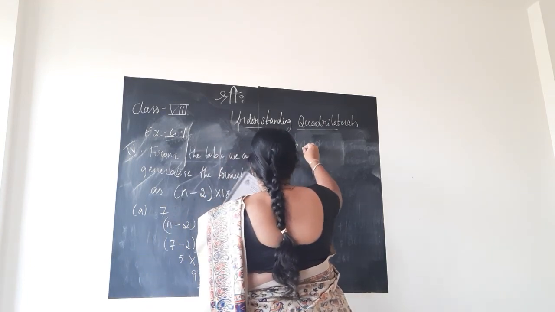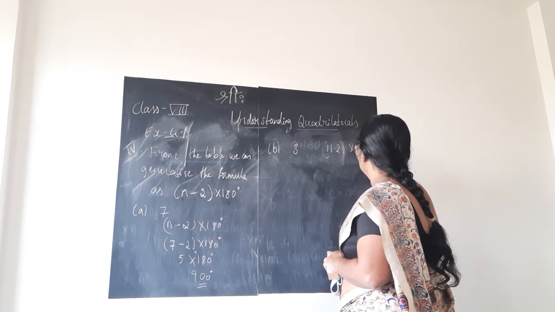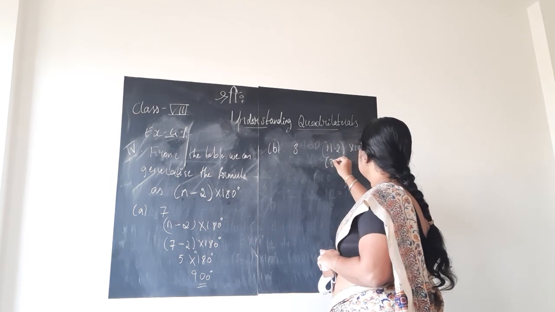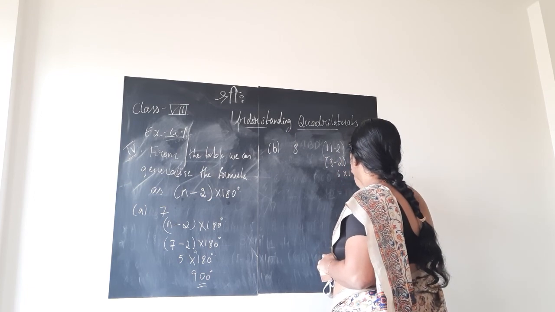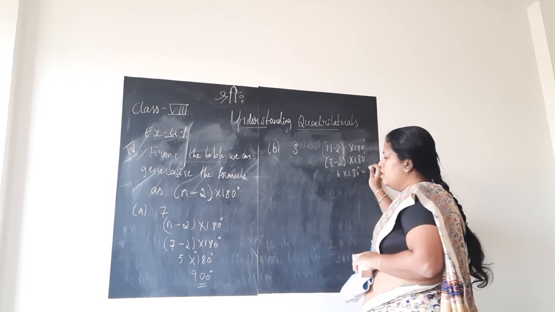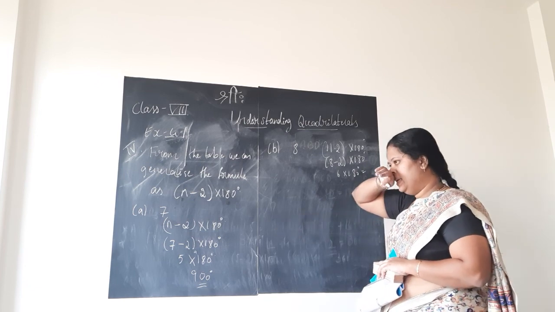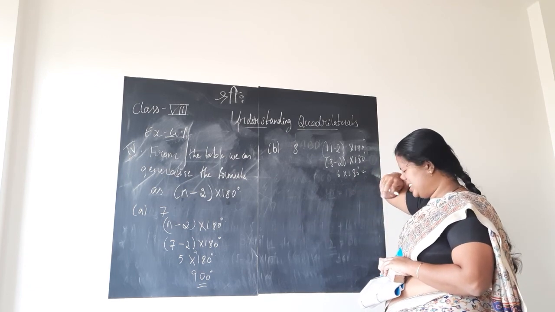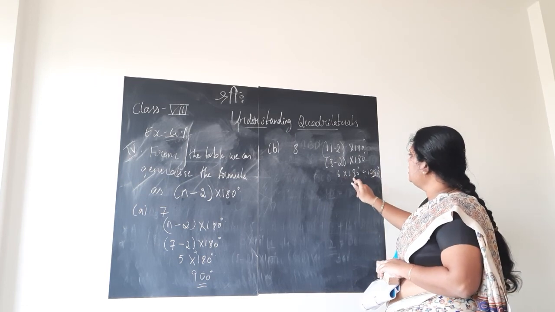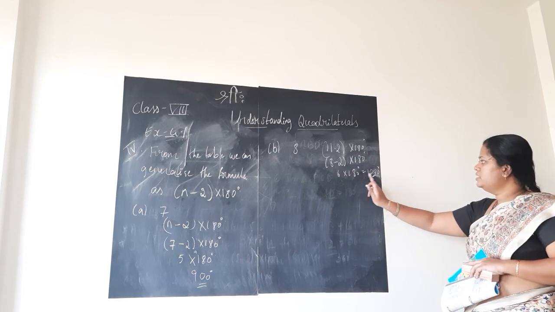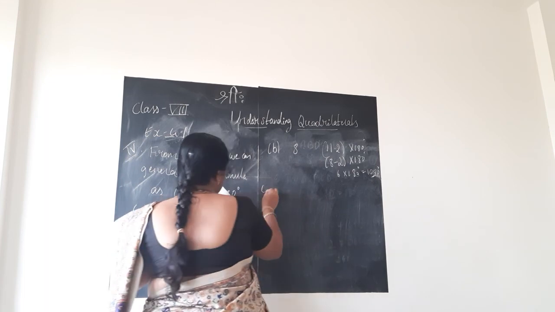Similarly, second is 8. That is octagon they have given. We know the formula is n minus 2 into 180 degree. N is 8. So 8 minus 2 into 180 degree. 8 minus 2 is 6 into 180 degree. How much is 18 6s? 18 5s are 90, plus 18 it is 108. 18 6s are 108. This 0 in 180 degree, that 0 if you add you get 1080.